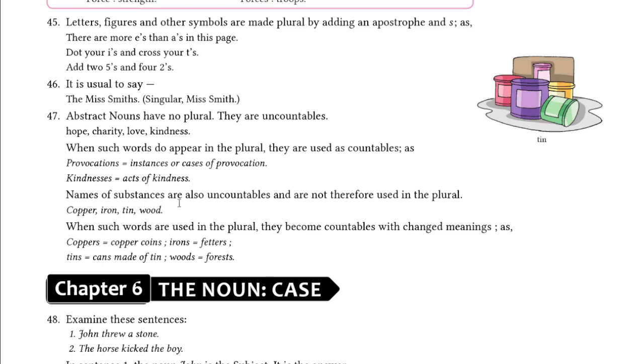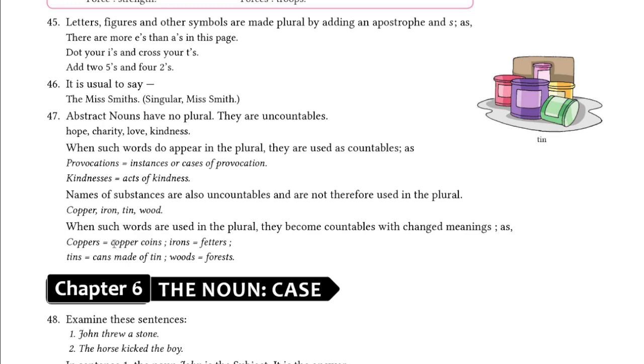Names of substances are also uncountables and are not therefore used in the plural. For example, copper, iron, tin, wood, etc. These are names of substances and they are not used as plural forms. But when they are used as plural forms, the meaning is changed.